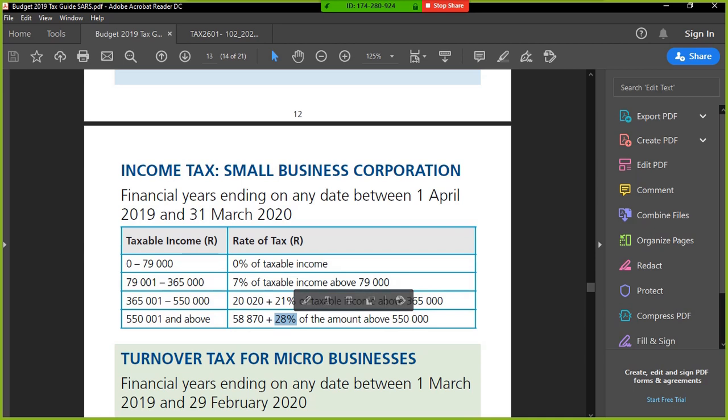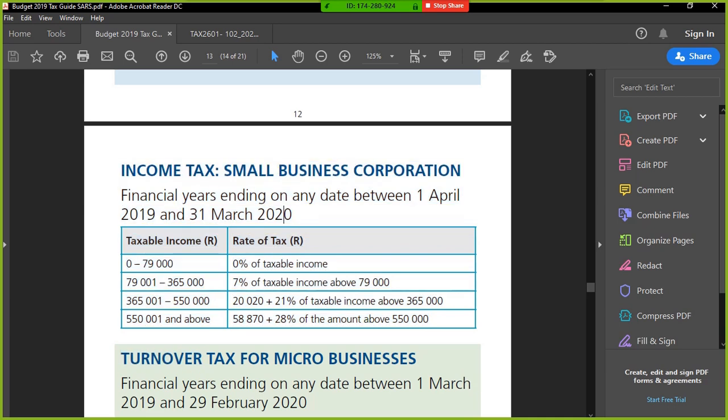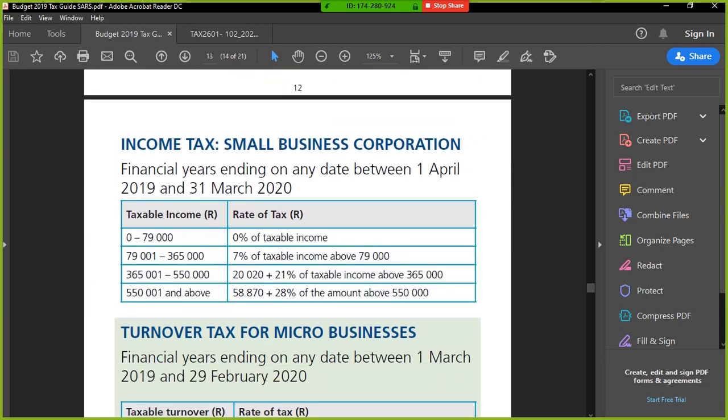28% tax. So this is a benefit if you meet the requirements, but you have to meet the requirements before you can apply this tax table. Remember, it's either a 28% flat rate if it's a company, or a sliding scale based on whether or not you qualify for being classified as an SBC.